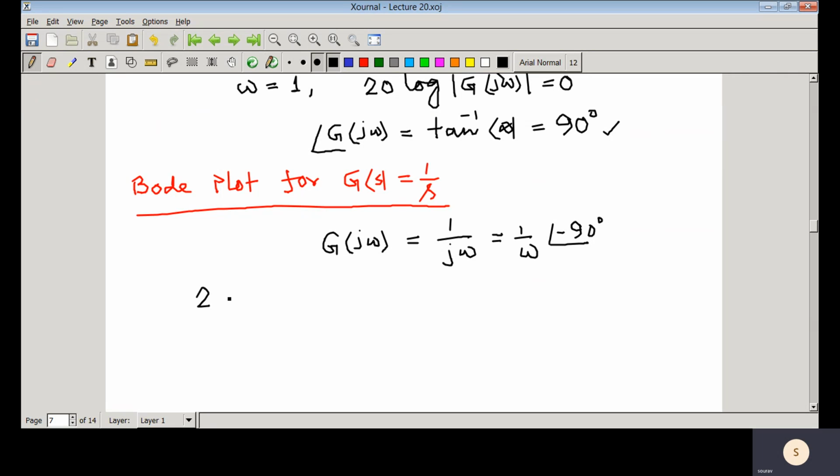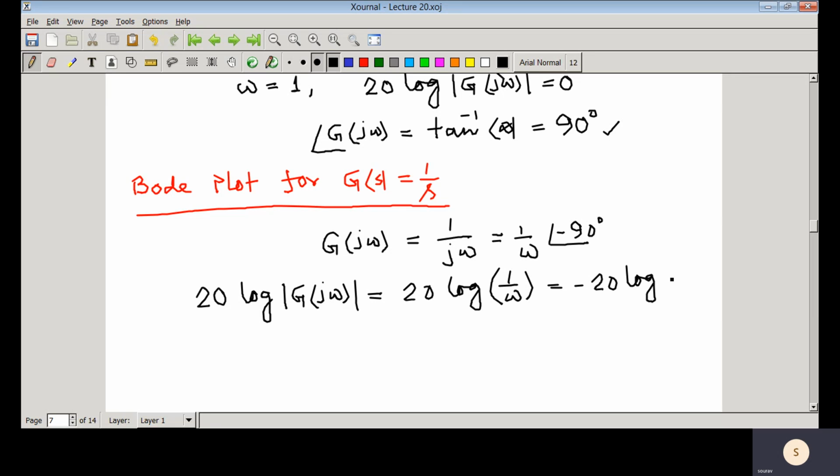So in dB scale, that is 20 log of the magnitude of G(j omega). Then that would be 20 log of 1 by omega, and it would be minus 20 log of omega. So again, in dB scale, we can see that this is y and this is x. So it would actually be a negative slope, with minus 20 dB per decade.